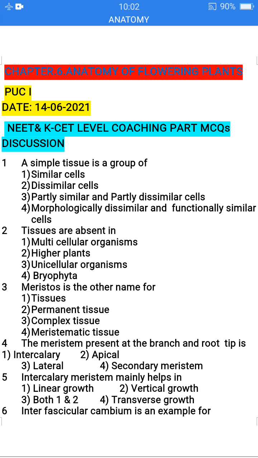So both options 1 and 2 are correct for this question. They grow horizontally as well as vertically. Have you seen how a grass plant grows? They grow horizontally, parallel to the soil layer, as well as vertically. So the correct answer is option 3, both 1 and 2, showing linear growth and vertical growth.